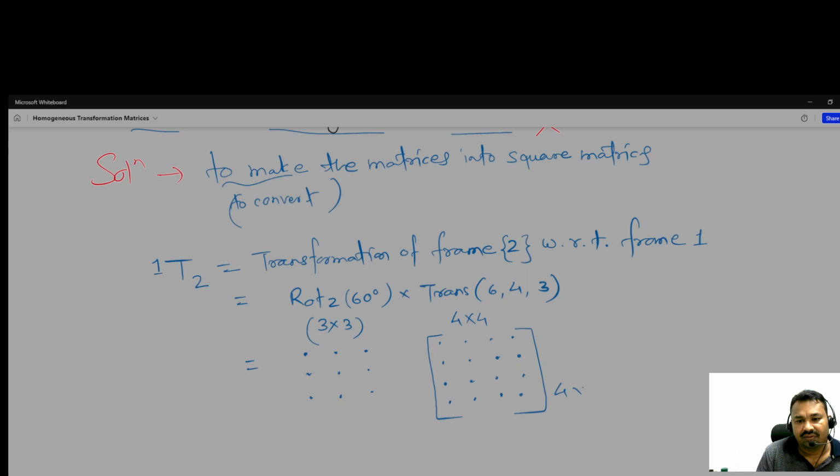It is 4 into 4. So what we do here, and this will obviously be rotation about z, so it is 1 here, and c theta means cos theta, then minus sin theta, then here sin theta, here cos theta. It is 0, it is 0, it is 0, it is 0.